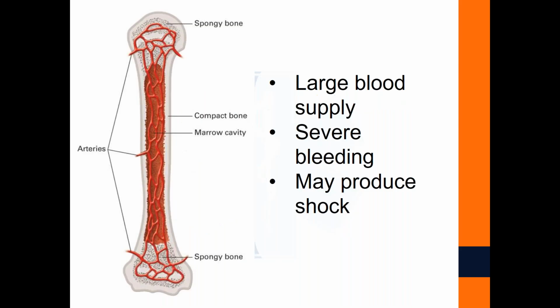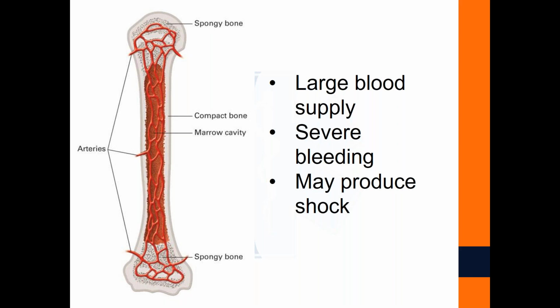So when we talk about injuries to the bones, we need to keep in mind that the bones themselves have a very large blood supply. So with all of that large blood supply, anytime there's an injury, we can have some pretty severe and significant bleeding that may lead to our patient winding up in a state of shock.